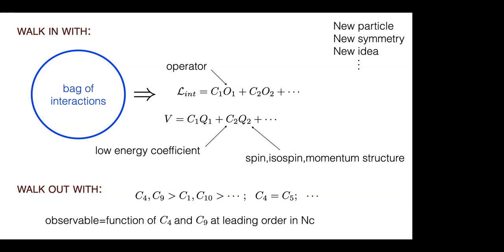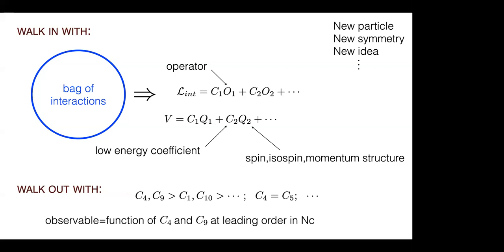And these may or may not be ordered already by some other power counting that exists in your theory. From the operator point of view, you've got creation and annihilation operators, whatever Lorentz structure is necessary. From a potential point of view, what you've got are these low energy coefficients, each multiplying all the possible structures that might contribute, that might give rise to the process that you're interested in.